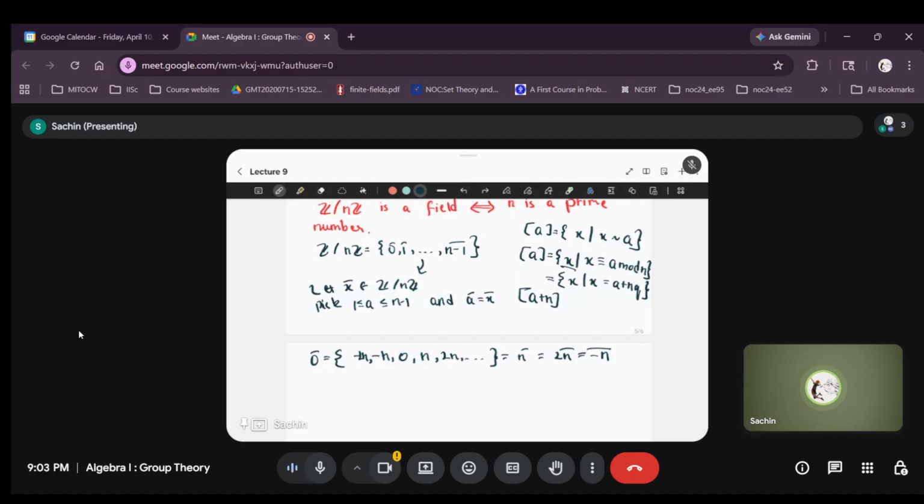But the thing is, for an equivalence class in this set, you can always find some number that is between 0 and n minus 1, such that it is equivalent to that equivalence class. So for any integer x, the equivalence class x bar can be written as a bar for some integer a which is within these bounds, right?